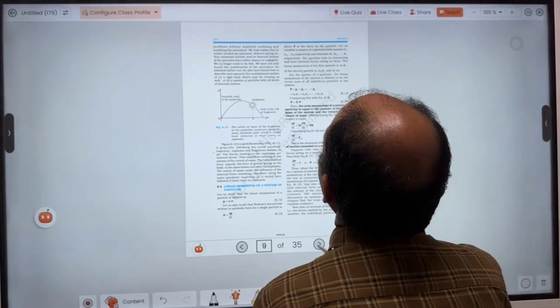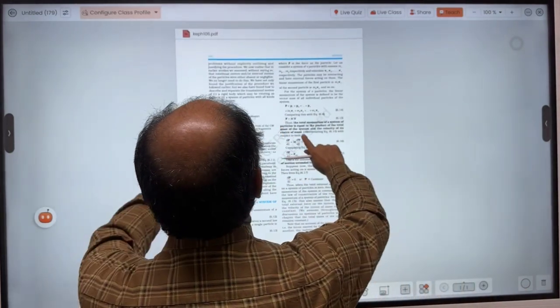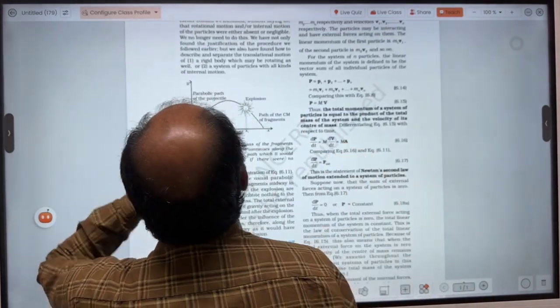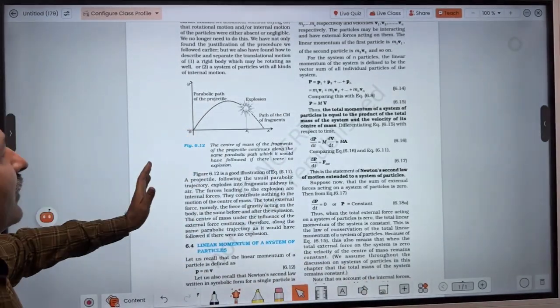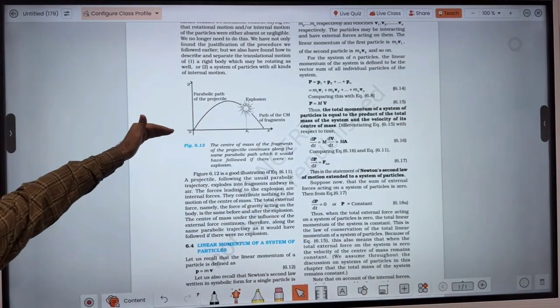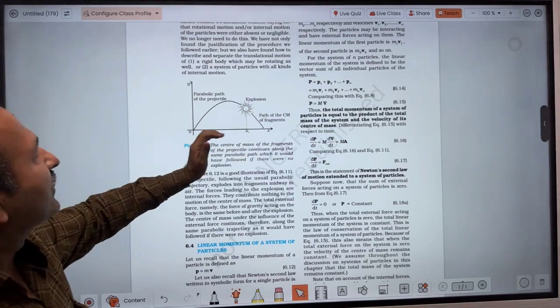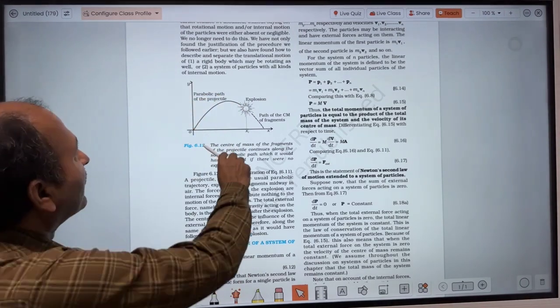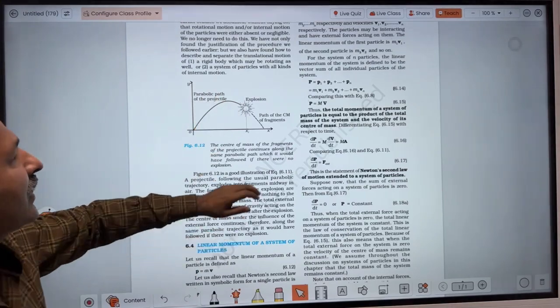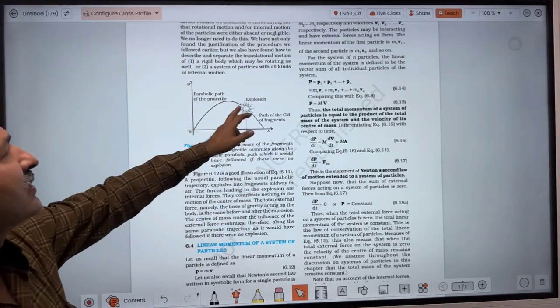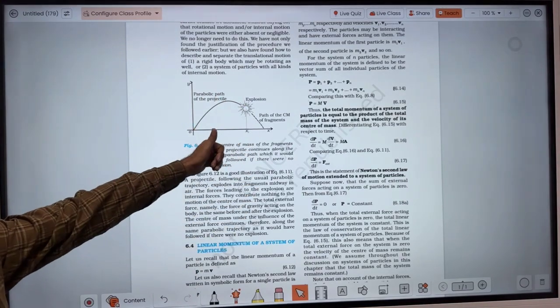Our next point is here. What is happening? Here a cracker is thrown like this. At this point, this is the path of motion of the center of mass. Now what happens? At this point there is an explosion, meaning the cracker bursts.